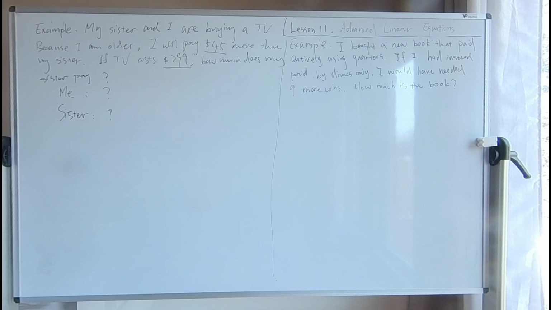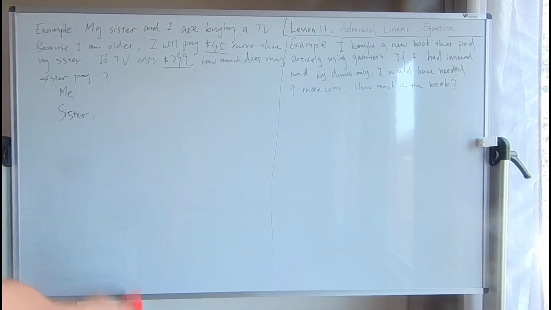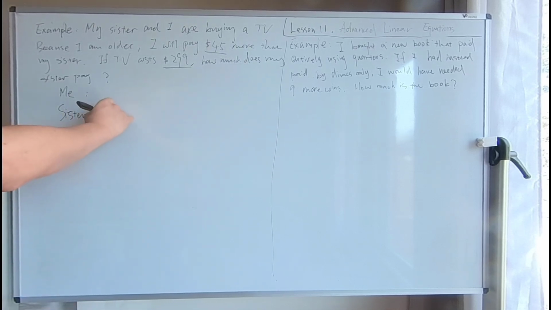First of all, we can still choose one of the unknowns to assign the variable to. In fact, it doesn't matter which one you use, you will always get the same solution. In this case, let me assign my sister's payment to be the unknown quantity x.